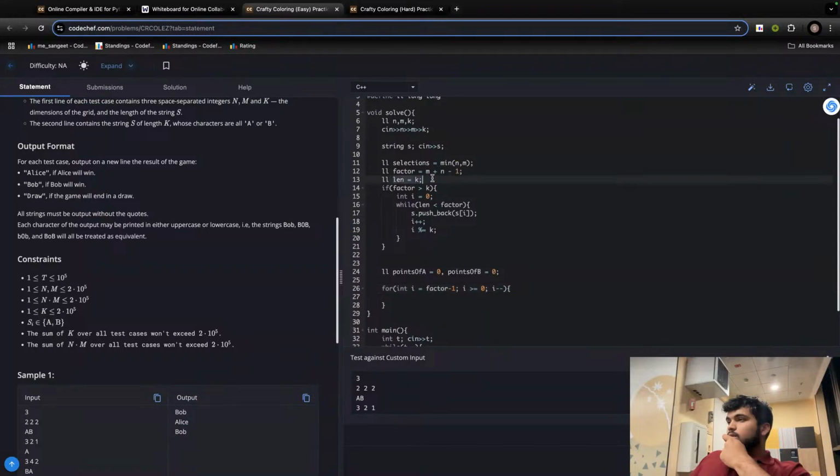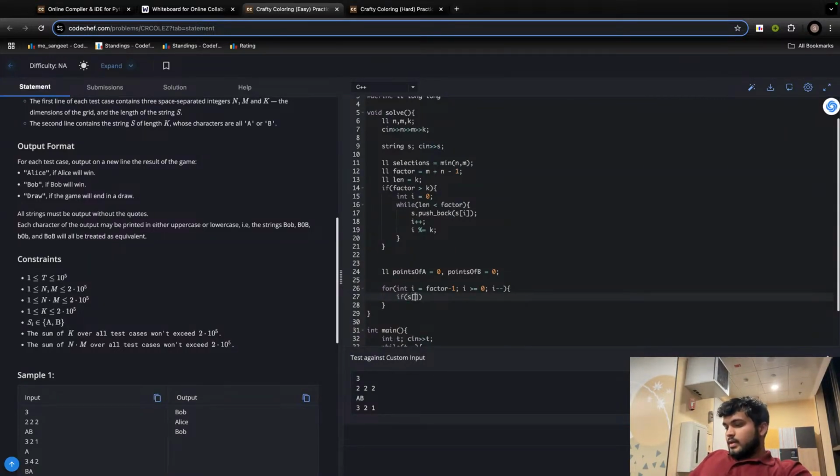This will be the length. Length of the string is less than factor. So now factor minus 1 is the last character of the string.